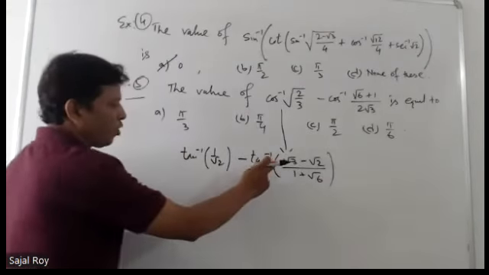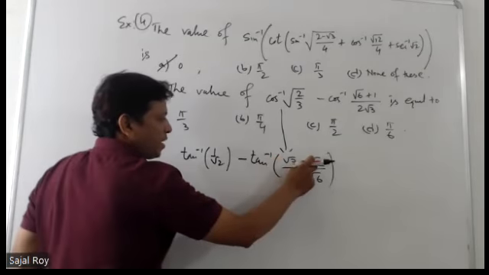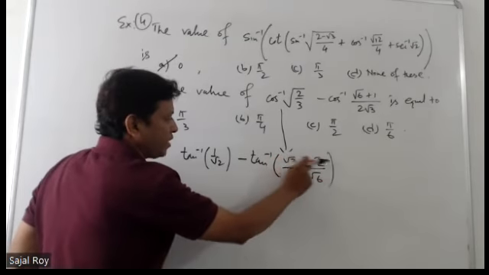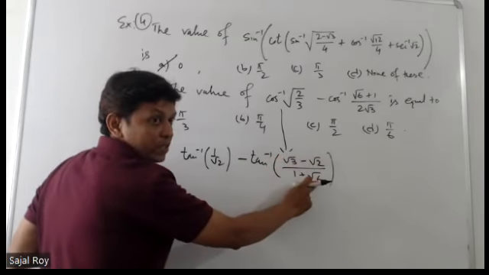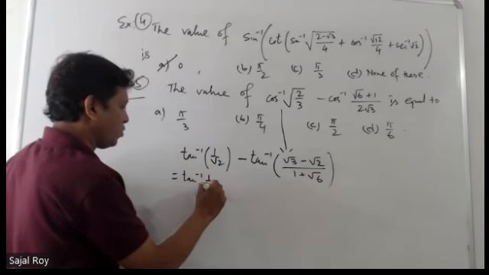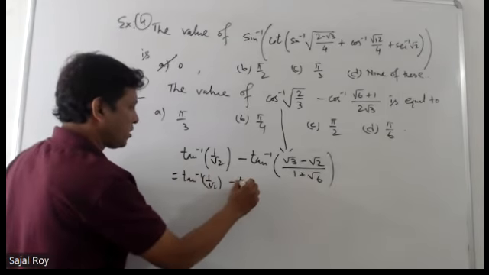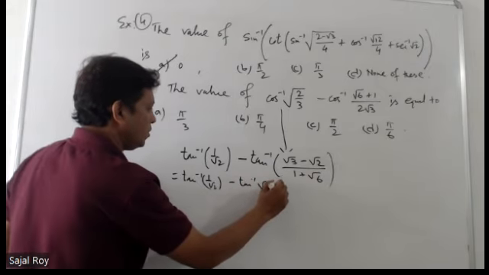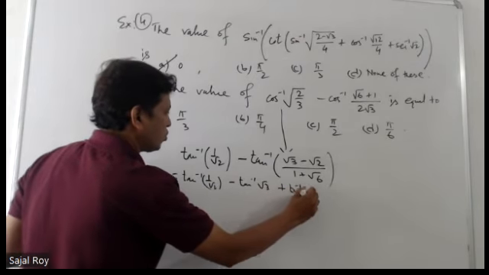So this is nothing but your tan inverse of (x minus y) by (1 plus xy). If you take the product of this, it will be root 6. So this is equal to tan inverse 1 by root 2 minus tan inverse root 3 plus tan inverse root 2, right?